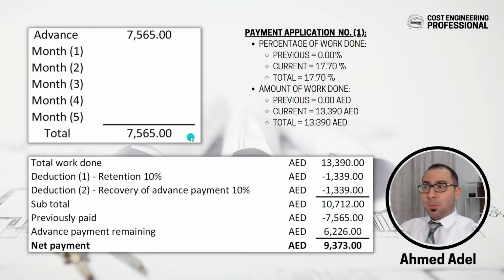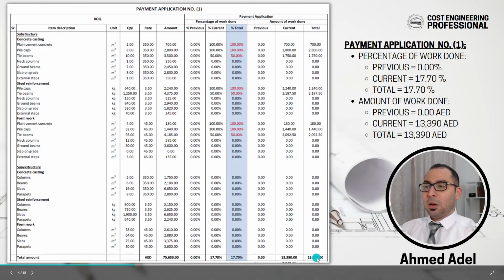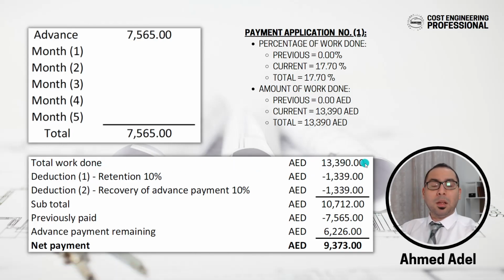Okay, the next part is take the total work done, which is coming here in this column, 13,390, and put it here, total work done, 13,390. The first two things that we will do, we will deduct 10% from the total work done as a retention and another 10% as a recovery of advance payment.